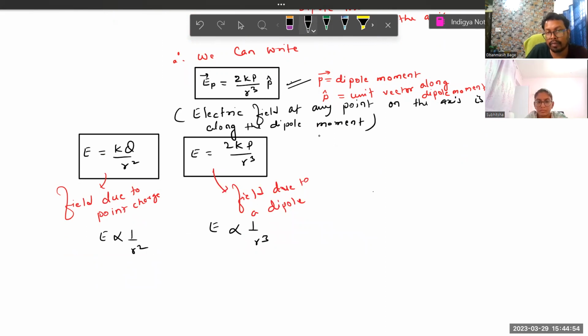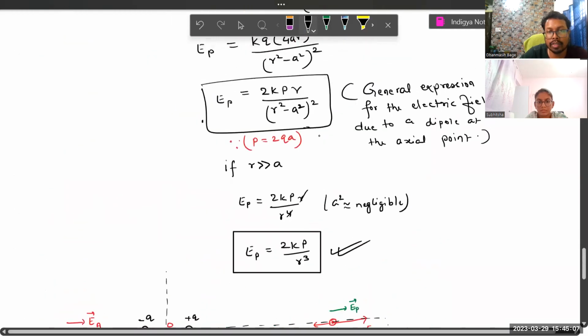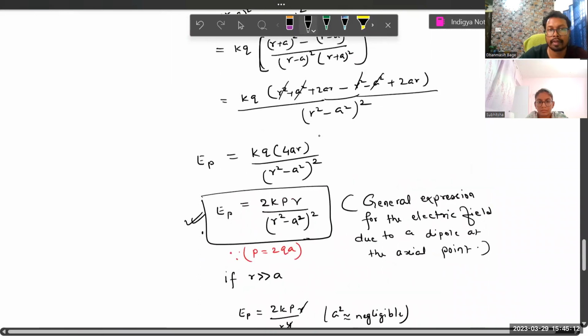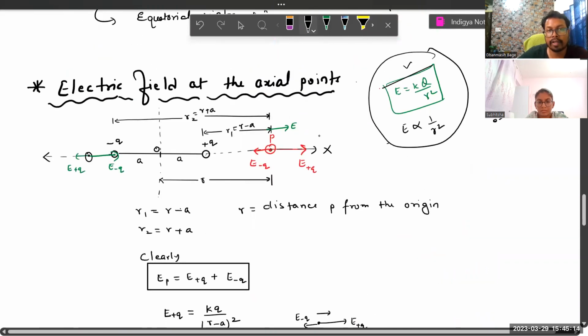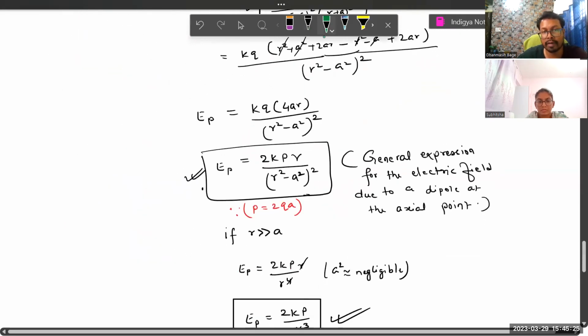One more thing you have to remember: this field is valid for r much greater than a. Not if you're coming very close to the charges. Suppose you're calculating the field at a point close to plus Q and minus Q, then you will be using this formula.